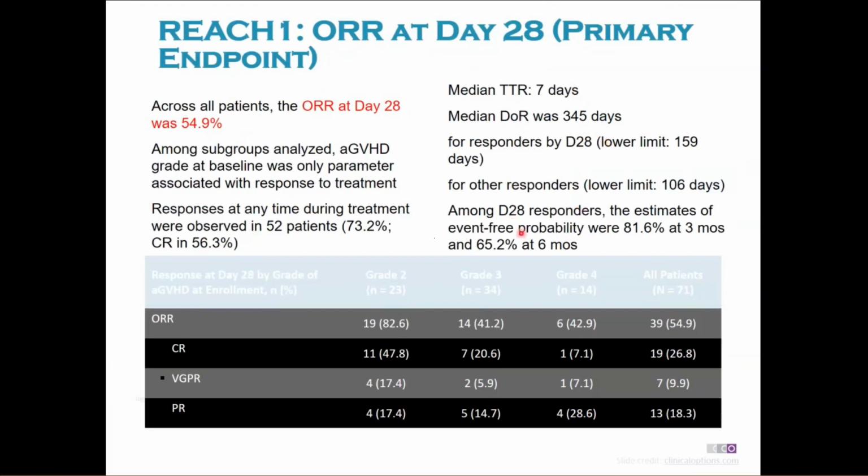Among the day 28 responders, the estimates of the event-free probability were 81.6% at 3 months and 65% at 6 months.